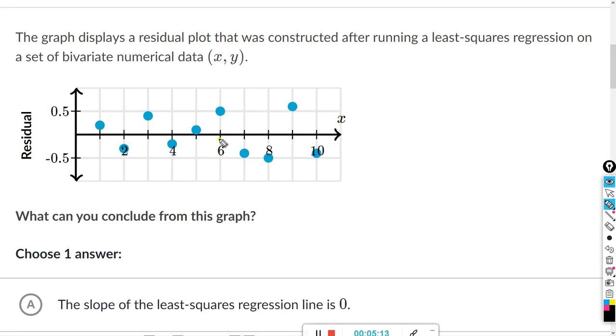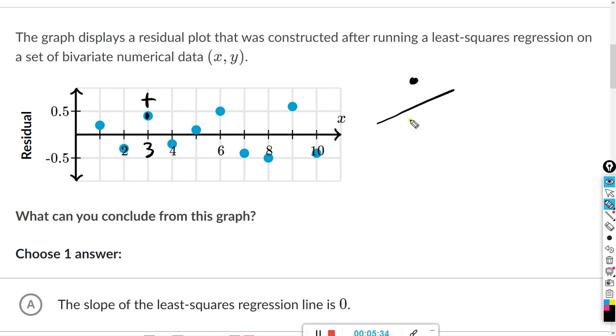Here is the x-axis. This is x equals 3. And the residual right here is positive. That means the dot is going to be above the line, so the line is under the actual value.